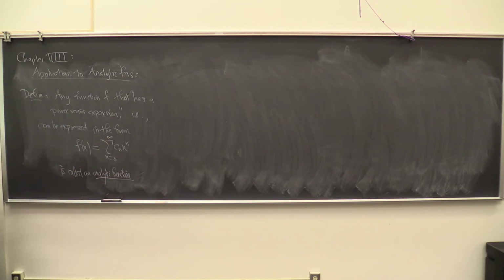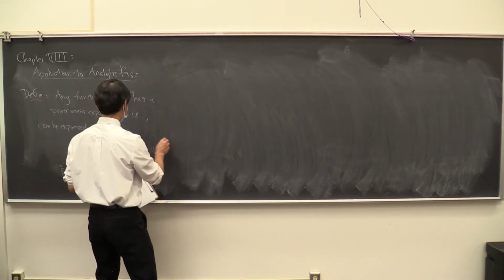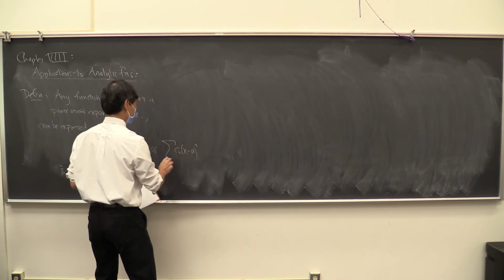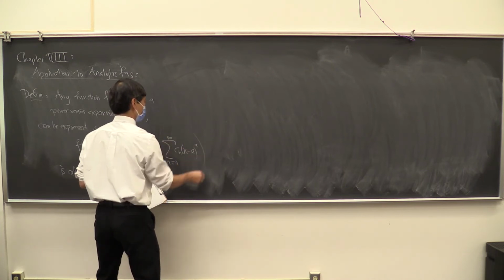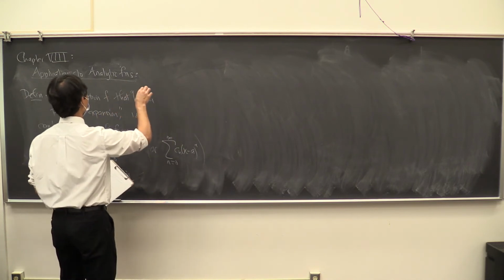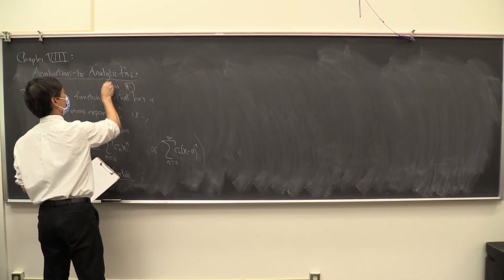Okay, so it's a function that has a power series expansion. And this could be x minus a to the n, so we're just going to be dealing with real functions on the real line.